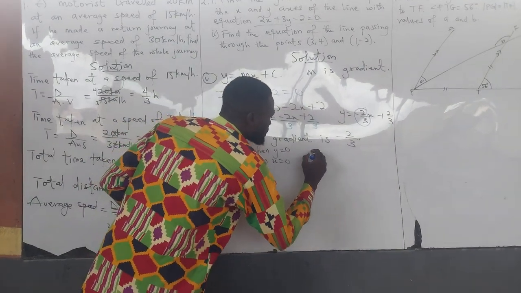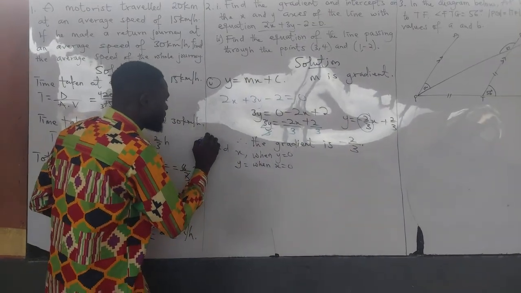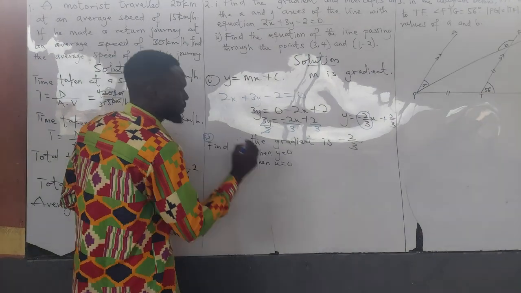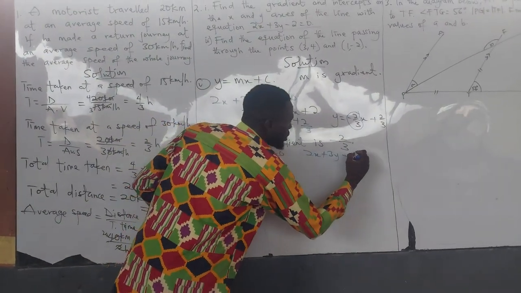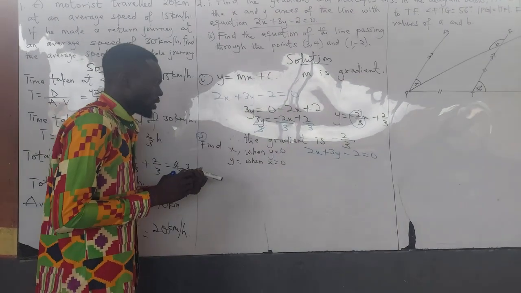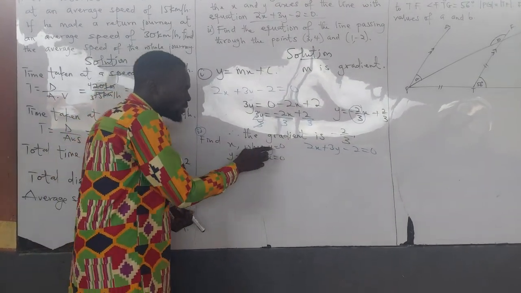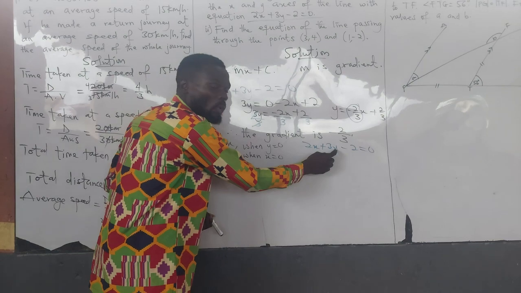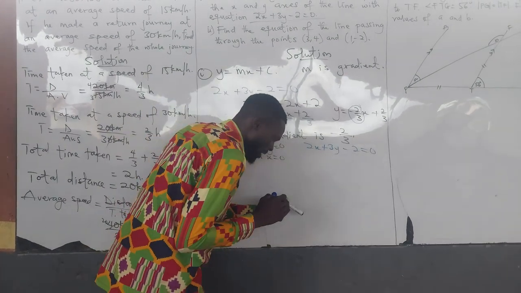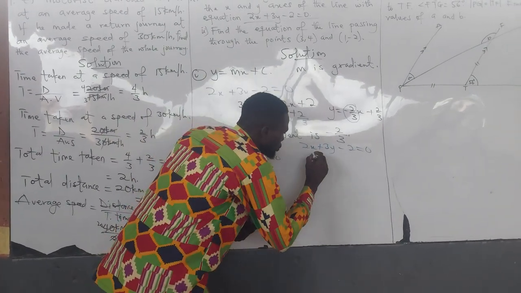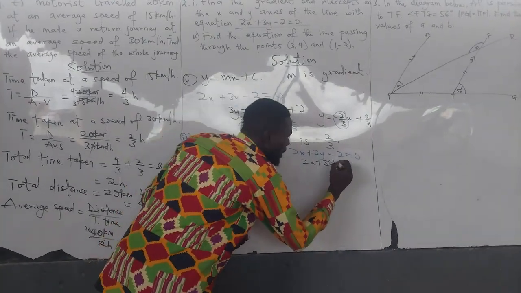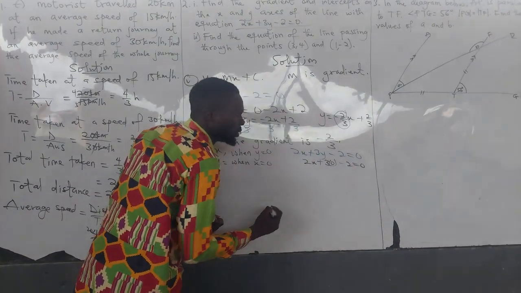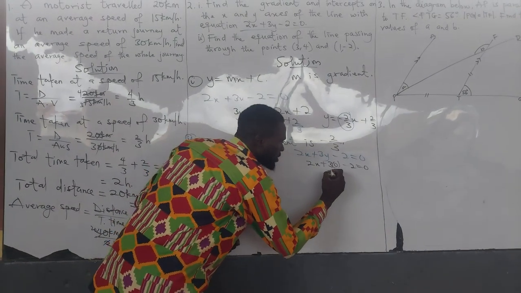Now you are having 2x plus 3y minus 2 is equal to 0. So we are finding x when y is 0. So where is y? This is y. So we are going to say 2x plus 3y, y is 0, minus 2 is equal to 0. So we are making or solving for x.